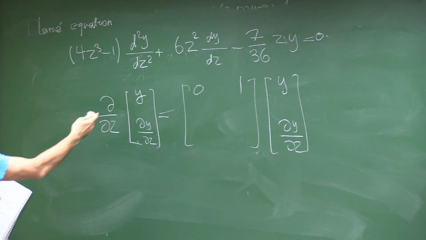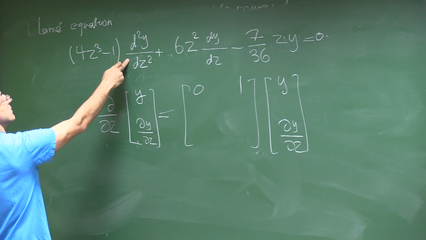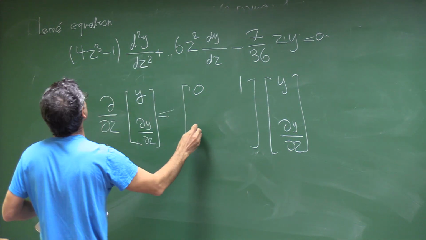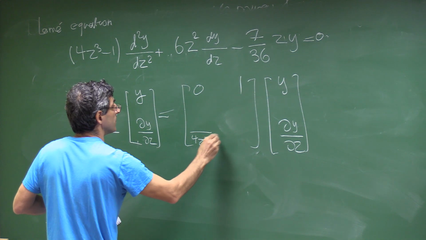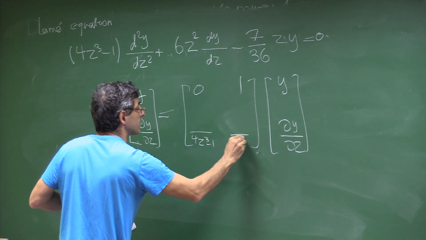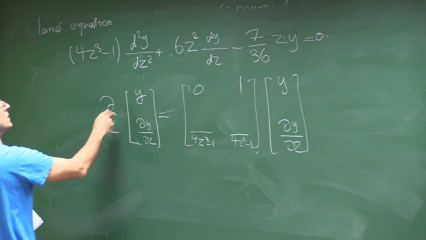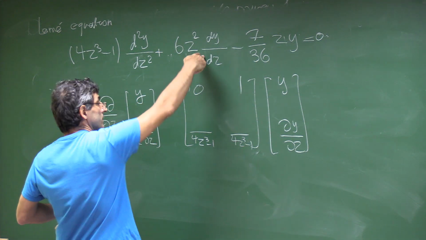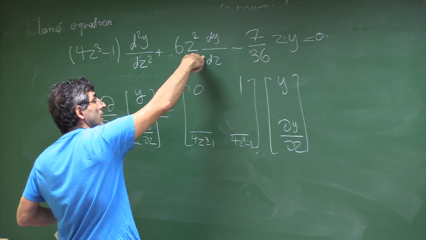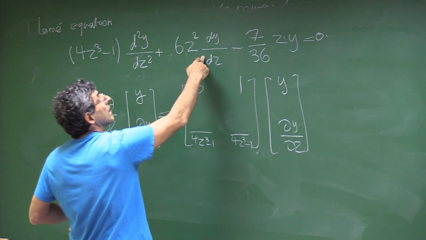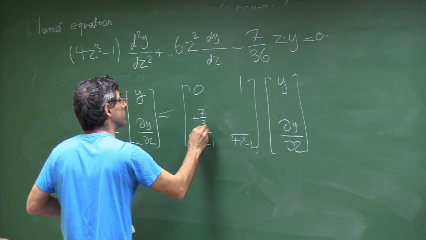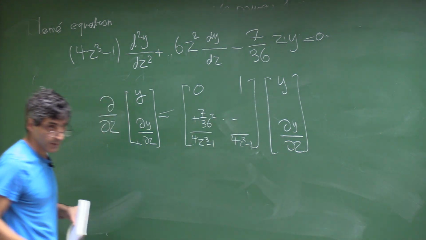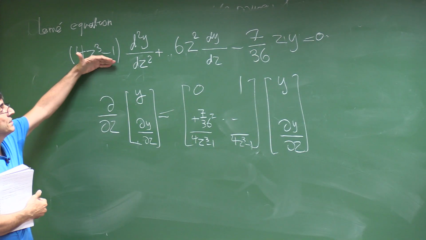And then the second derivative you calculate from this differential equation. So this will be 4z^3 minus 1, or z^3 minus 1. For example, here in the first derivative it will be plus 736 z, etc. Anyway, this is the linear differential equation.